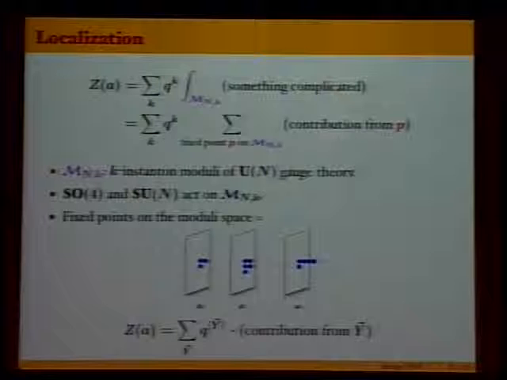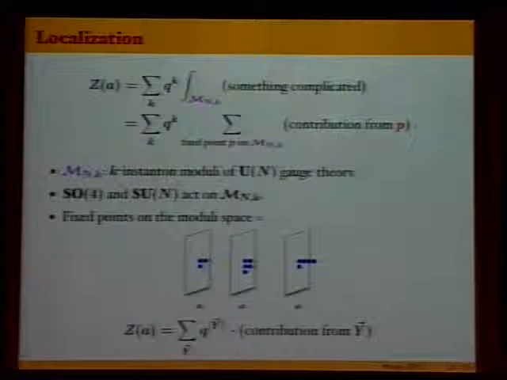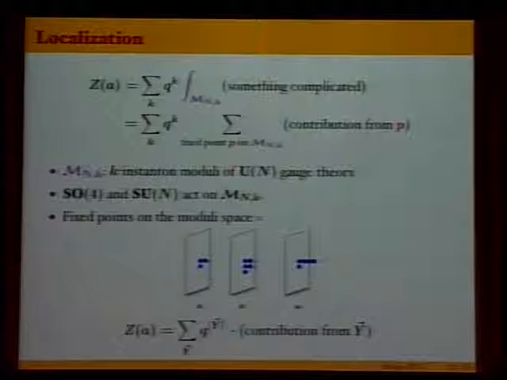And the BPS sectors in gauge theories are basically instanton configurations. So let's say M_{n,k} is the k-instanton moduli space of the U(N) gauge theory. Then this partition function is a generating function, or the summation over all of the instanton sectors, of something very complicated, which I don't want to talk about.